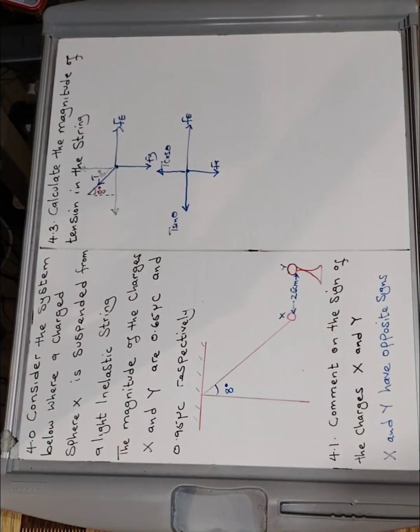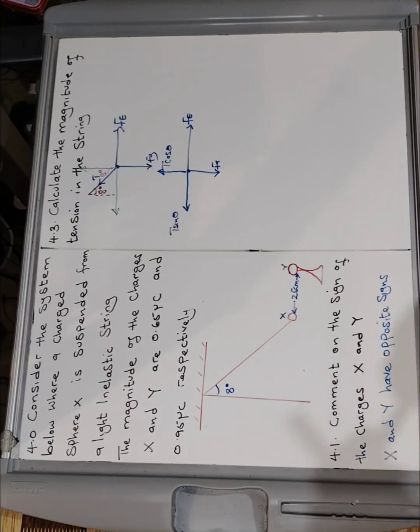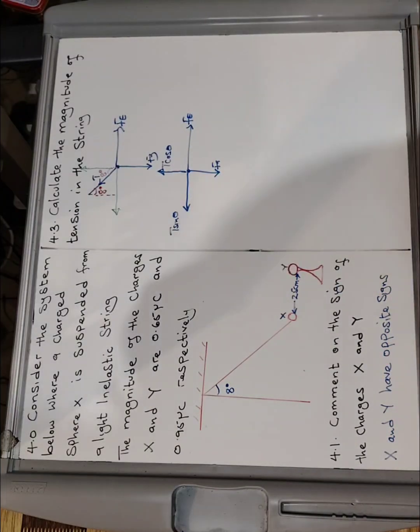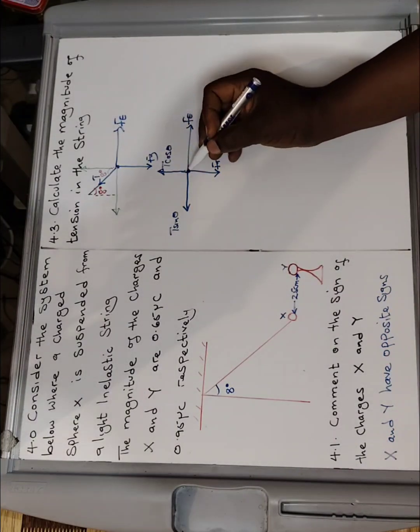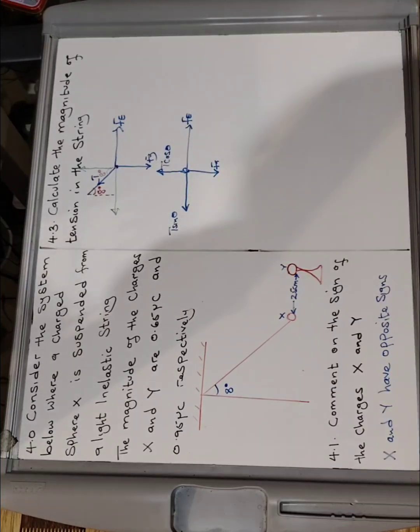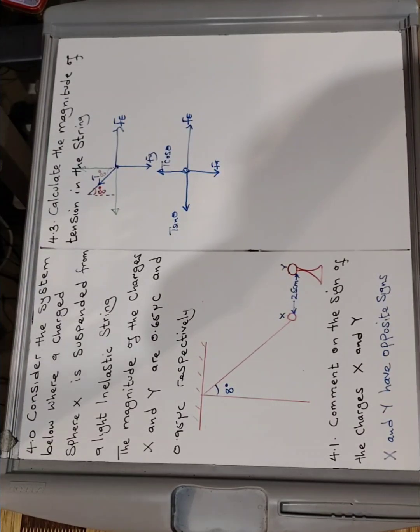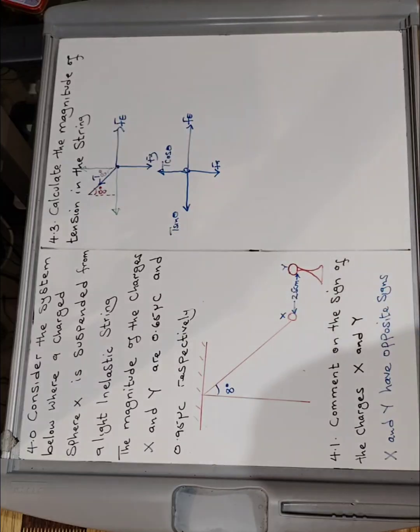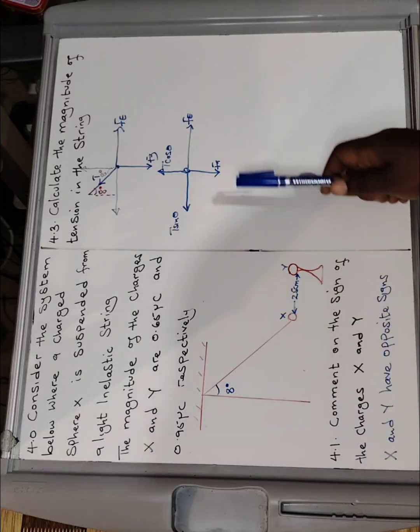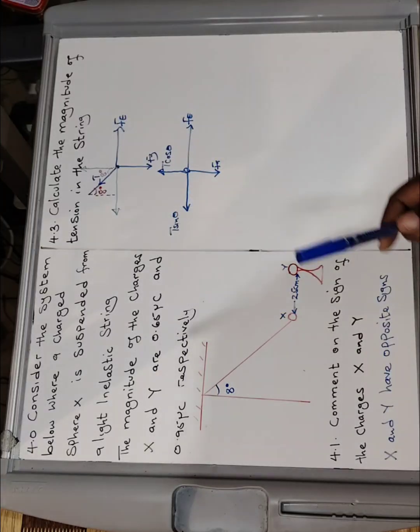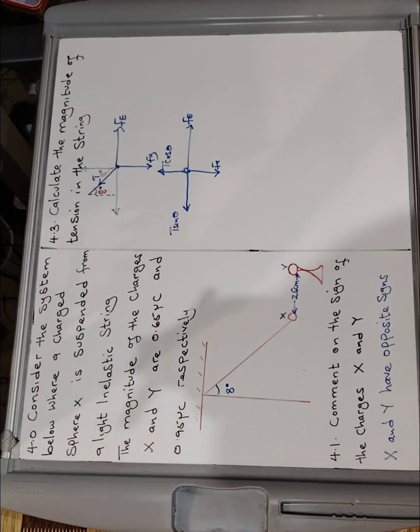Now you need to know something, that this charge X is in equilibrium. What does that mean? It's not moving. If it's not moving, then the sum of forces in one direction is equal to the sum of forces in the opposite direction. That's what equilibrium means in terms of forces. So we have two equations in place.